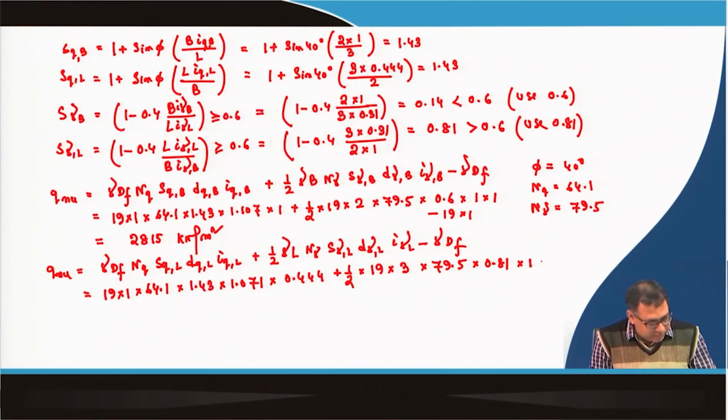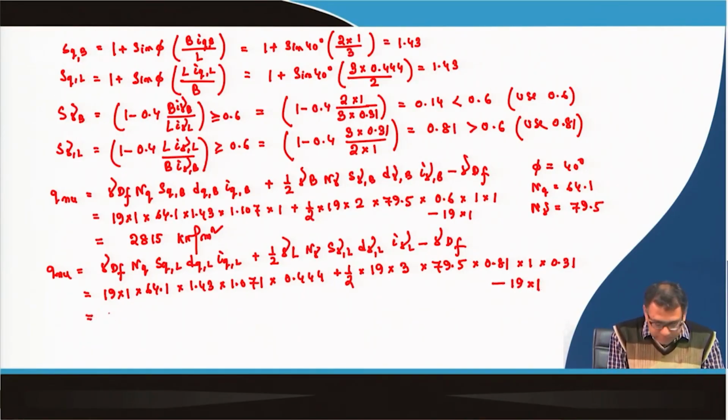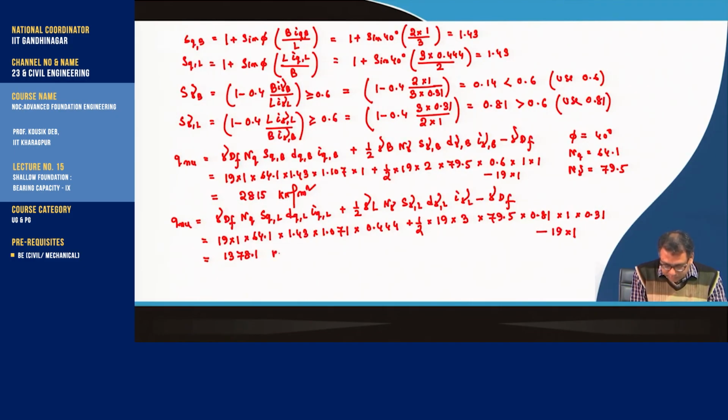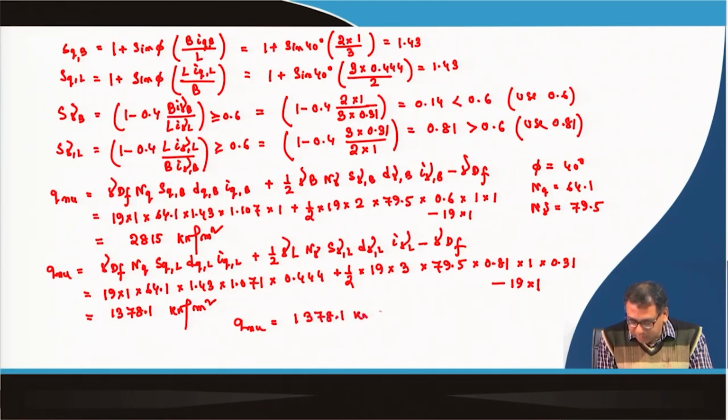So, this is 1 into 0.31 minus 19 into 1. So, this is coming out to be 1378.1 kilonewton per meter square. So, the minimum of these two will give us the Q net ultimate or ultimate bearing capacity. So, Q net ultimate is equal to 1378.1 kilonewton per meter square.